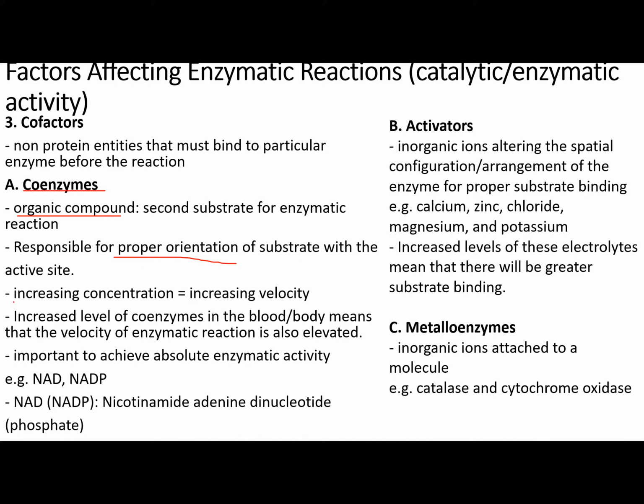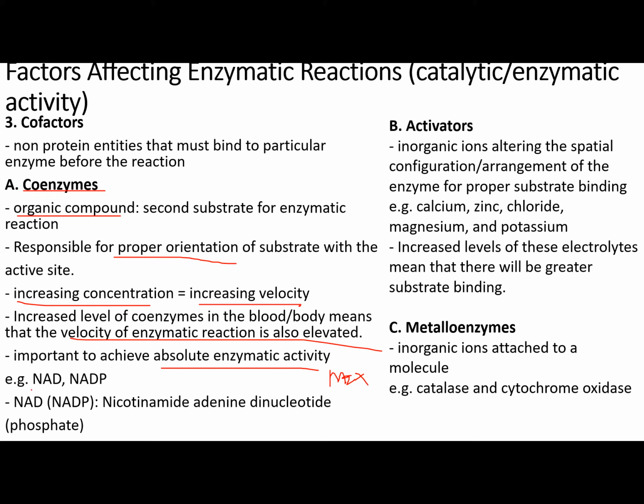If there's an increasing concentration of coenzyme, it would lead to increased speed or velocity of the reaction. Increased level of coenzyme in the blood or body means that the velocity of enzymatic reaction is also elevated. Important to achieve absolute enzymatic activity. When you say absolute enzymatic activity class, this refers to the max capacity or the max reaction.